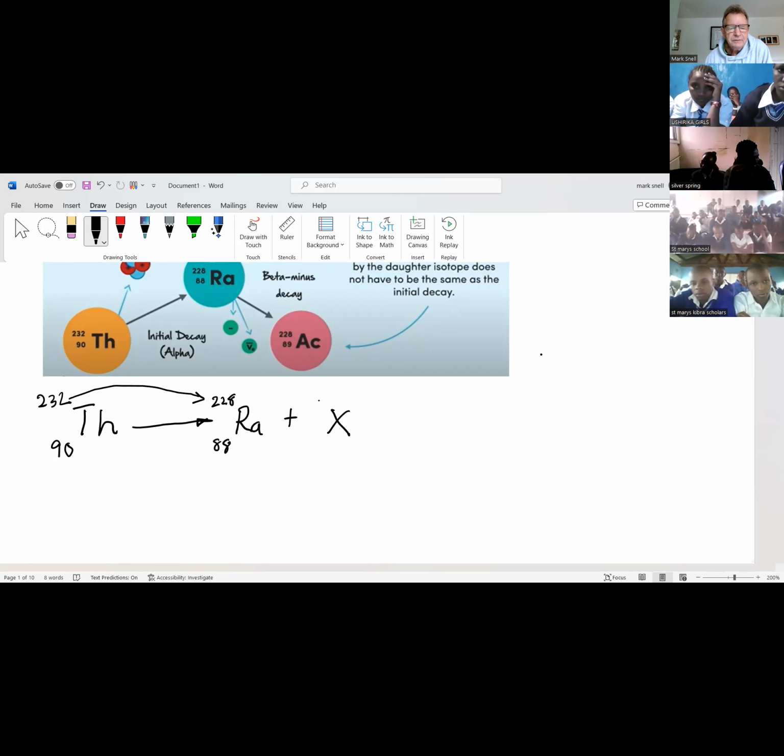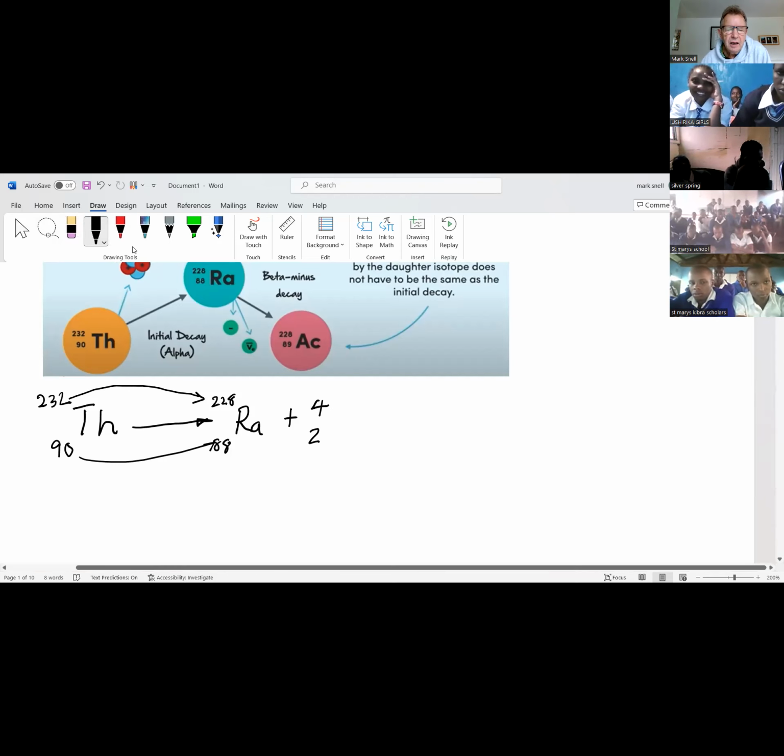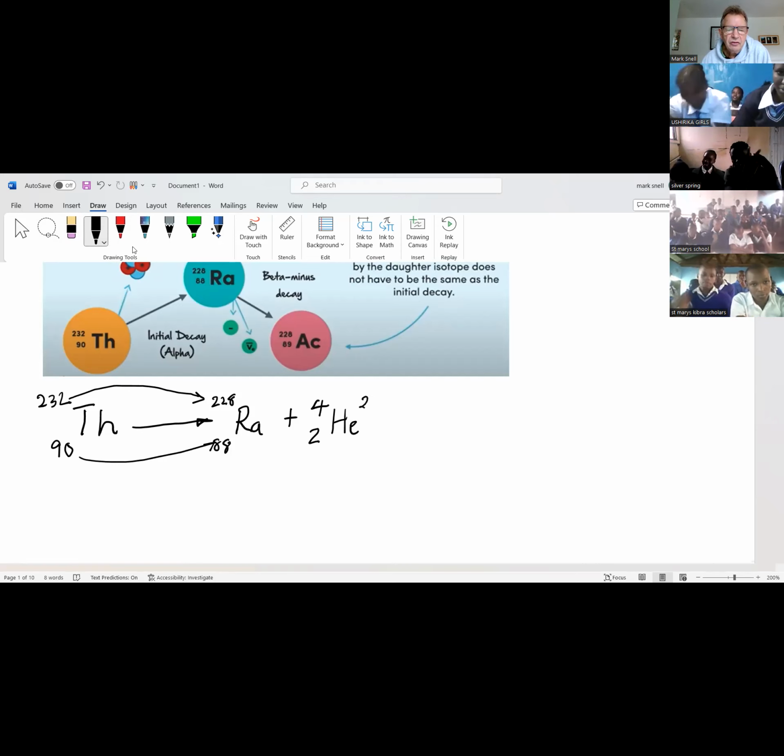That means that this must be 4, and 90 becomes 88, and therefore that must be 2. Then you have to go, okay, I know what X is, because I get rid of the X, X must be the helium nucleus. Don't forget the 2+ charge, it's really important.